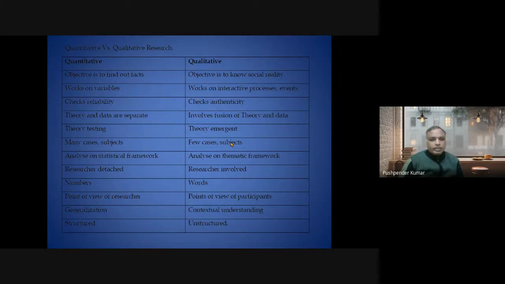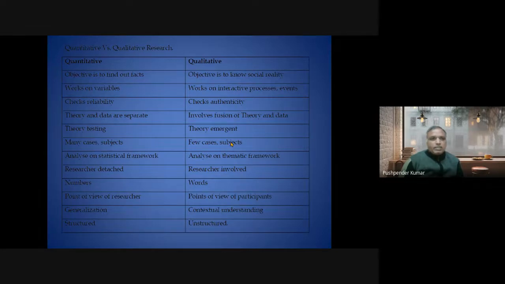These are all social reality. On the other hand, quantitative works on variables, qualitative works on interactive process events, quantitative checks reliability, and qualitative checks authenticity.